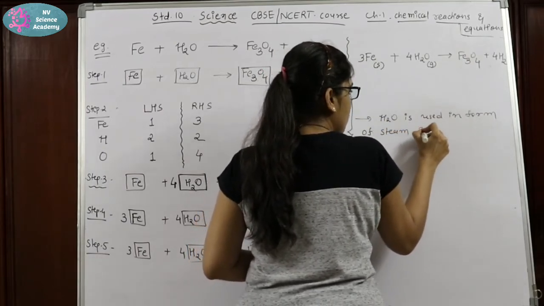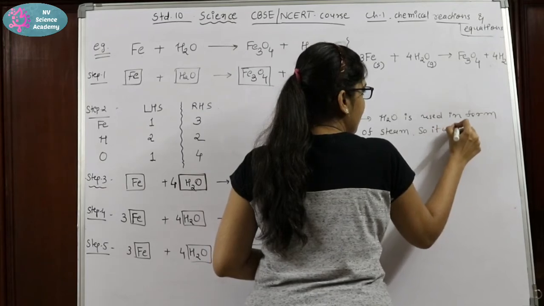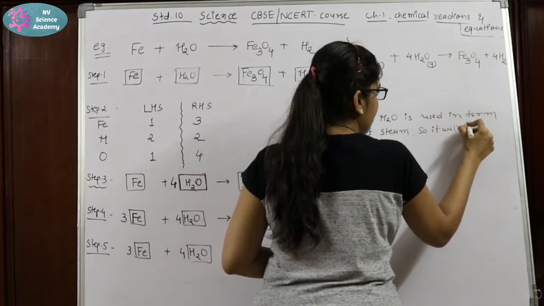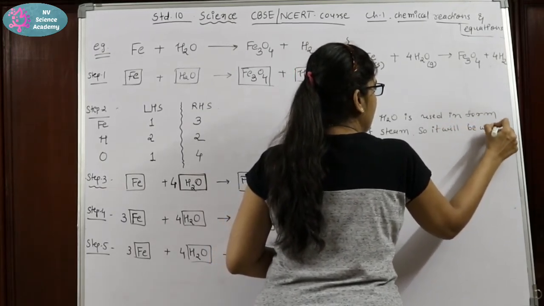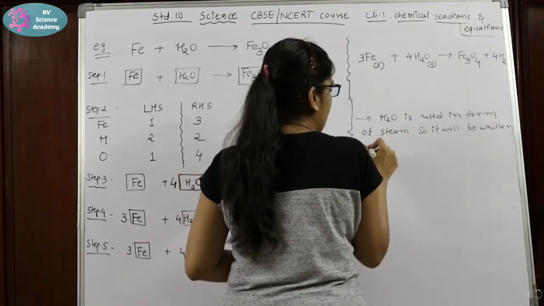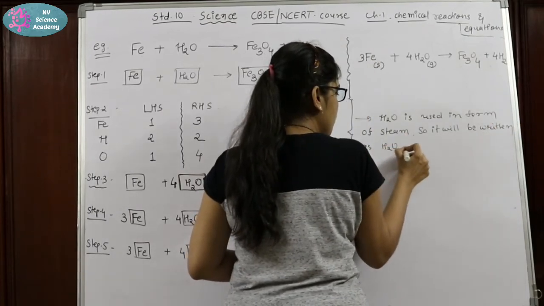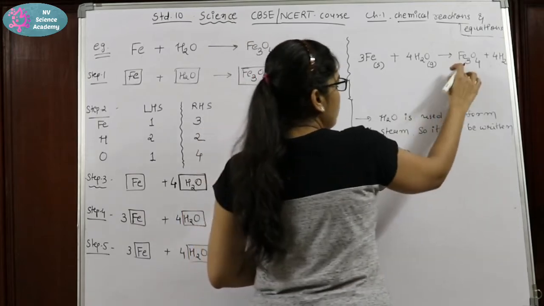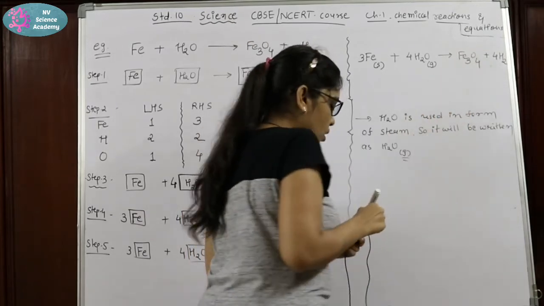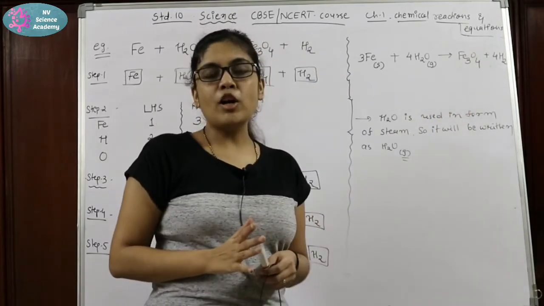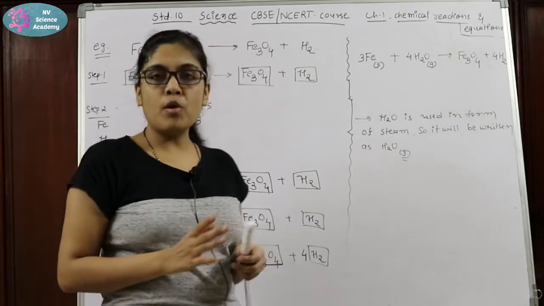So it will be written as H2O(g). Now Fe3O4, all metallic oxides are in the form of solid.